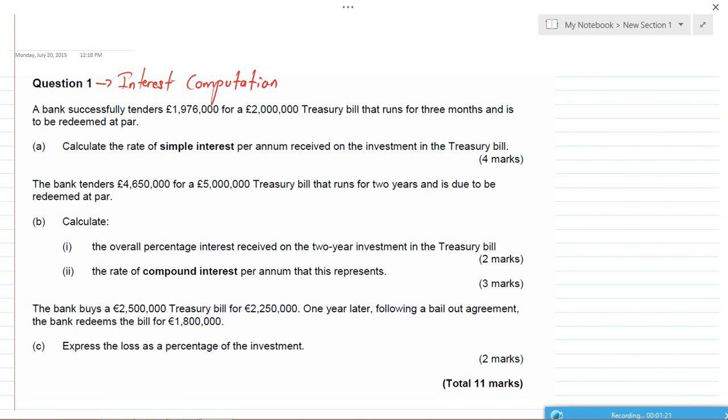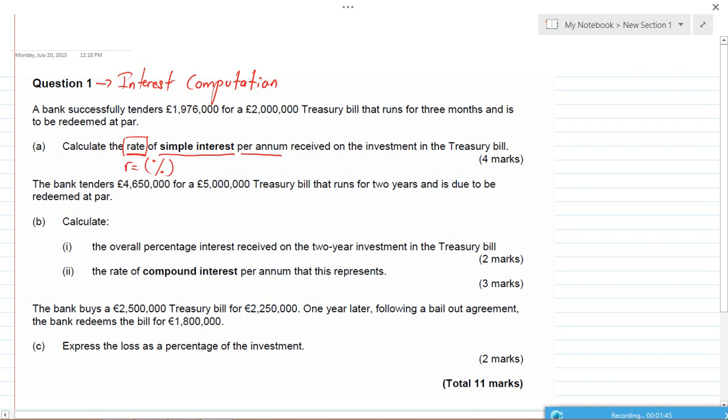What is the required asking for? Look at the required for part A: calculate the rate of simple interest per annum. So they want the rate, the R, which is the percentage. The interest rate.